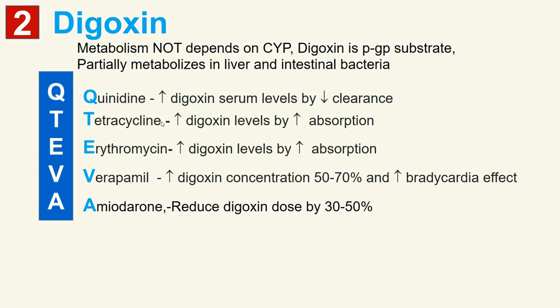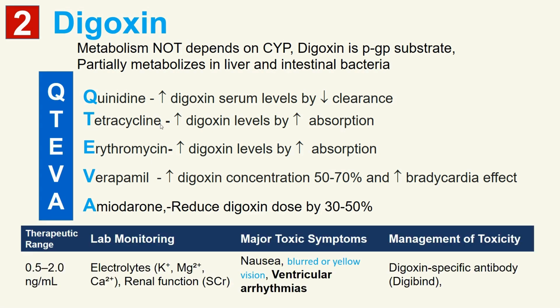If you are using amiodarone with digoxin, it is important to reduce the digoxin dose by 30 to 50%. Next, the digoxin therapeutic range is in nanograms, which tells you how sensitive it can be. Important lab monitoring includes potassium, magnesium, and most importantly, renal function tests. That's a common test question.